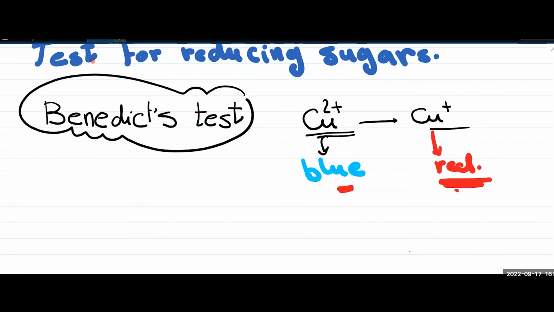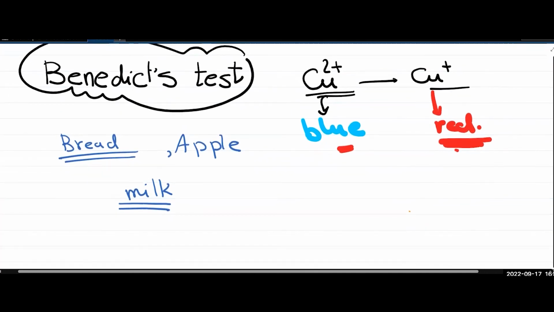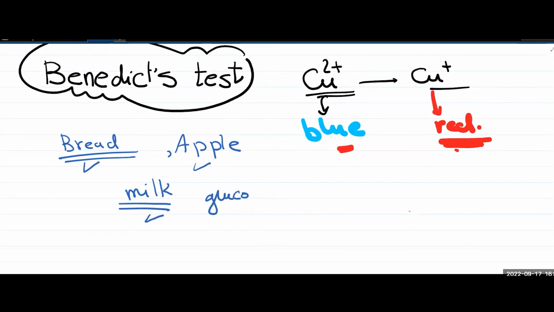This type of test is called a qualitative test. We should know the type of the biological molecule found in a food sample. For example, if I give you a sample of food like a piece of bread or apple or any other food like milk, I would like to know if the bread or apple or milk has glucose or not.